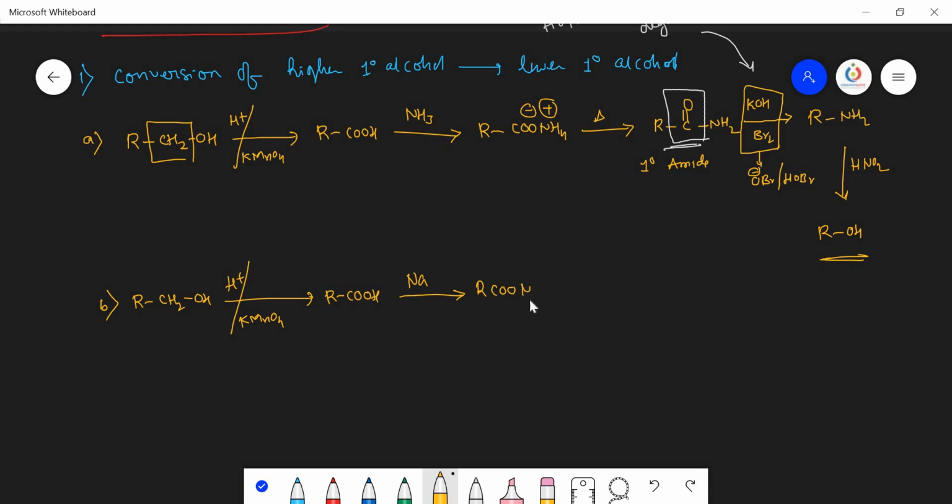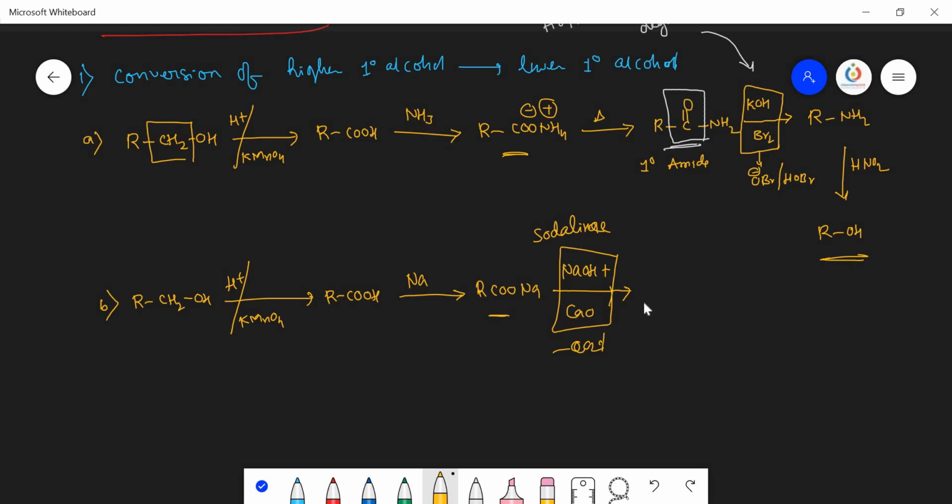So we get the sodium carboxylate. Both are salts. Here this one ammonium carboxylate, here sodium carboxylate. Subject with this soda lime. Soda lime means NaOH plus CaO combination is called as the soda lime. This soda lime will remove the carbon dioxide, CO2.